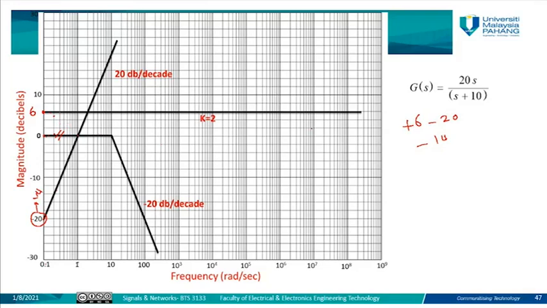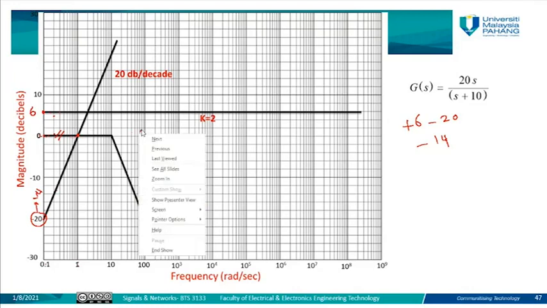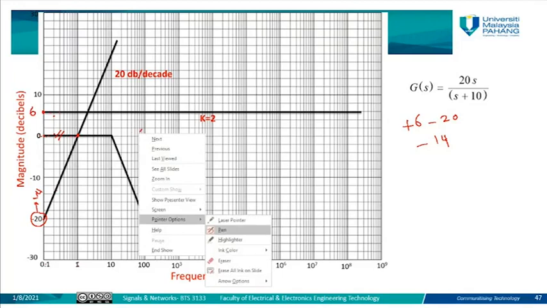Okay, so what will be the point here at the end of this period or this decay? At this point, what is the value of the dB? The value of the dB for this line is equal to 0, correct? Because it is at the 0 point. And the value for the pole also is equal to 0, because this continues to be 0 until this point.